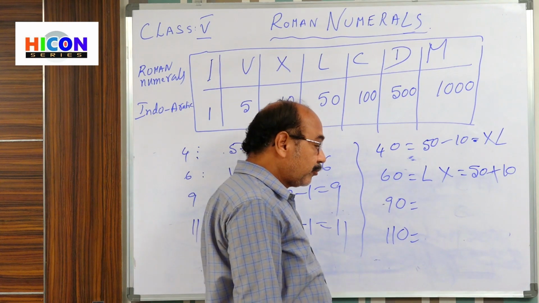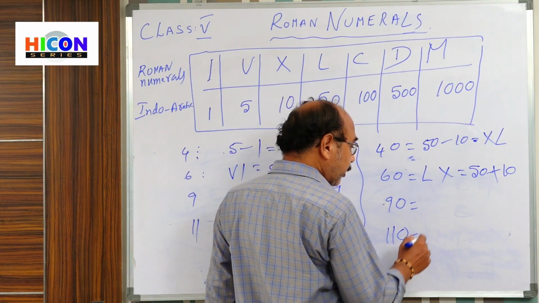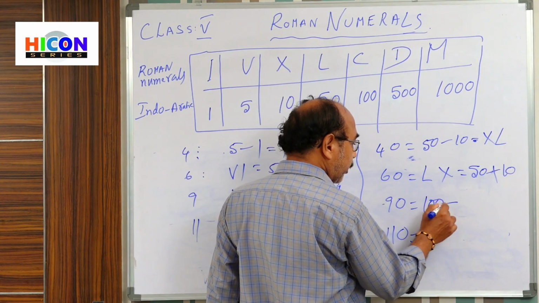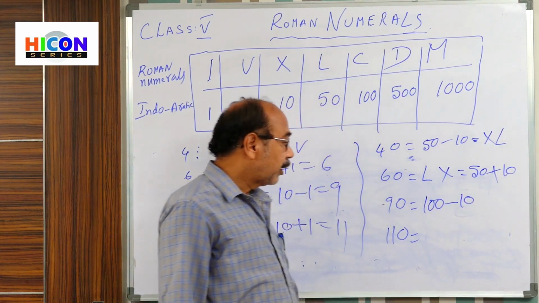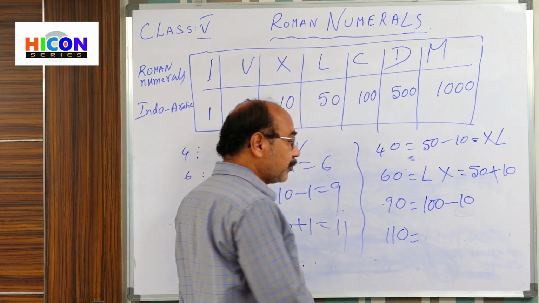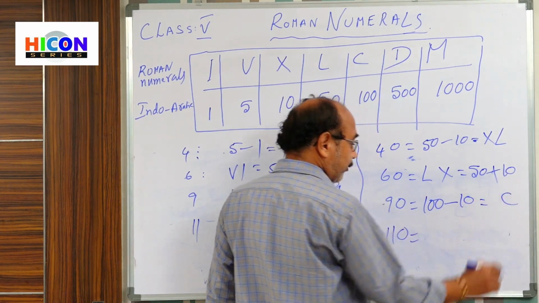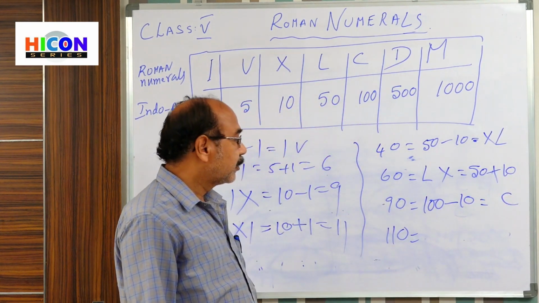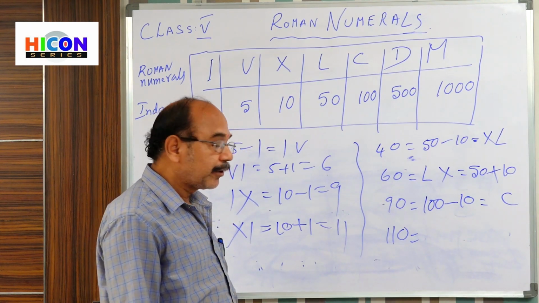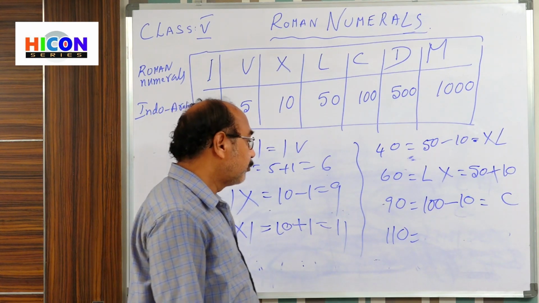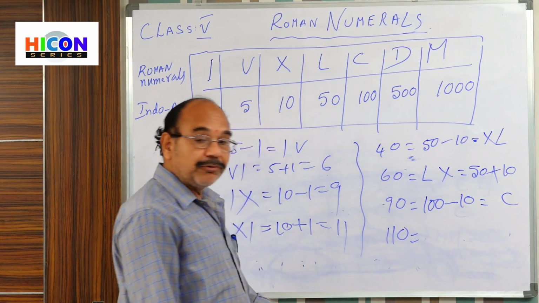Now take 90. 90 means what? 100 minus 10, which is equal to 90. So here C for 100. Now where should we write X?